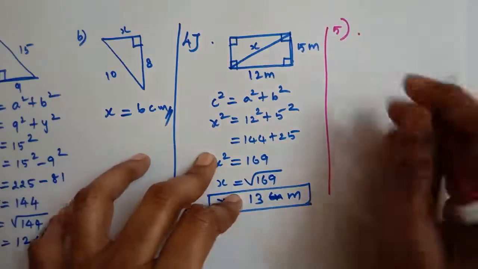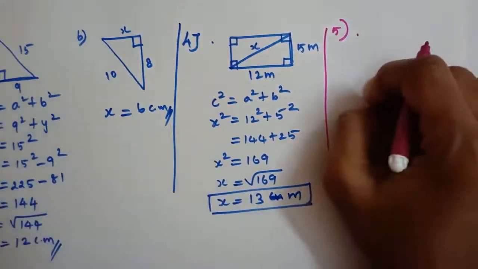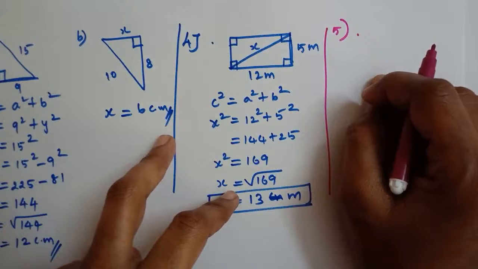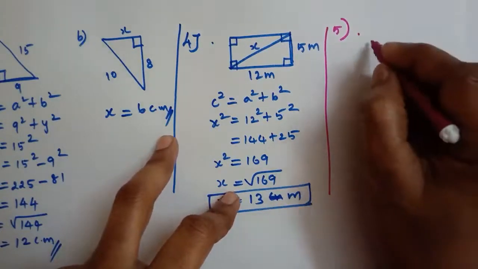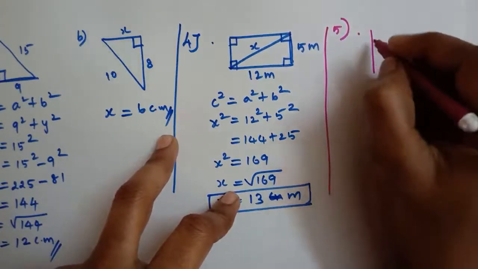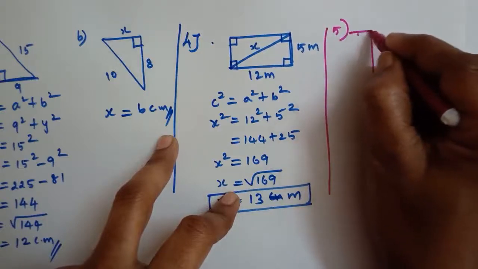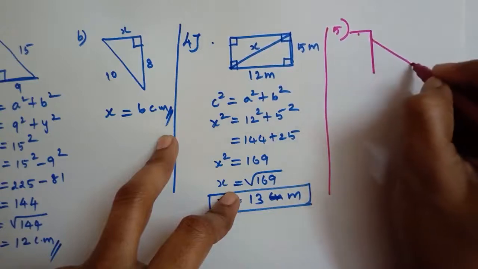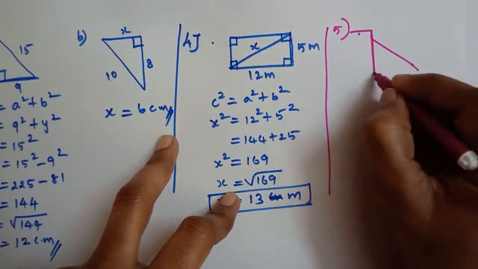Then next, fifth question, students. A ladder 10 meter long just reaches the top of a wall 8 meter high. How far is the foot of the ladder from the base of the wall? Students, listen. Here is the wall, this is some building. So a ladder here.